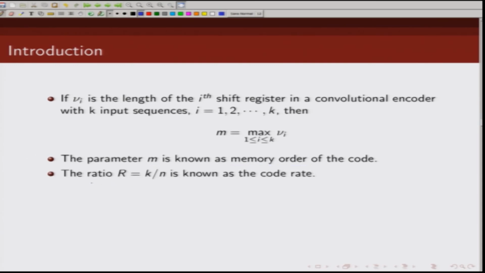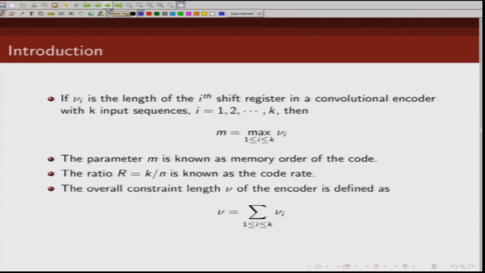As we know, the ratio of information bits to coded bits, k by n, is known as the code rate, which we denote by capital R, and the overall constraint length is defined as the sum of the lengths of all the k shift registers.